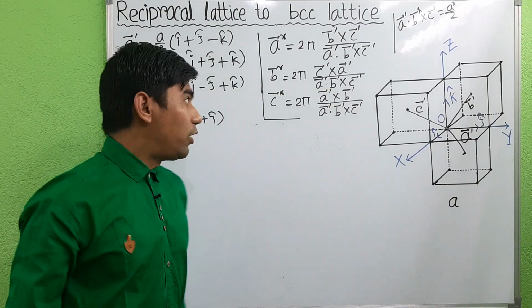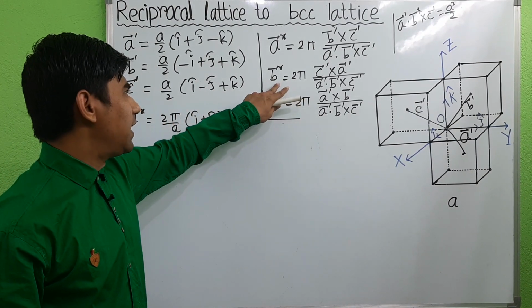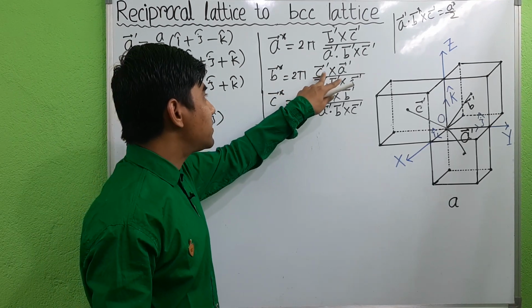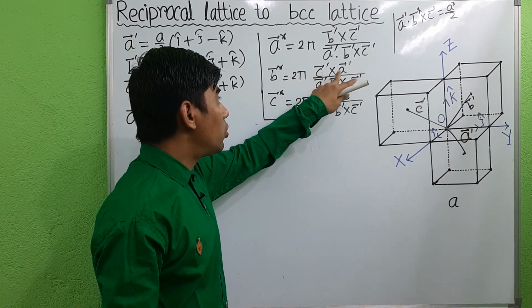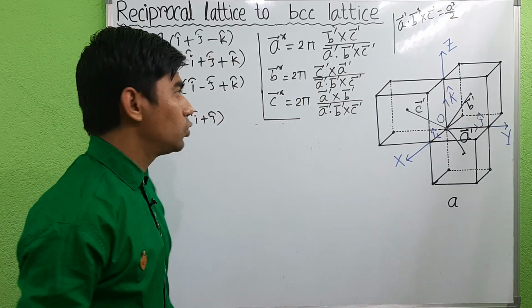Now we calculate b vector star. To calculate b vector star, we first calculate the c vector dash cross a vector dash term.